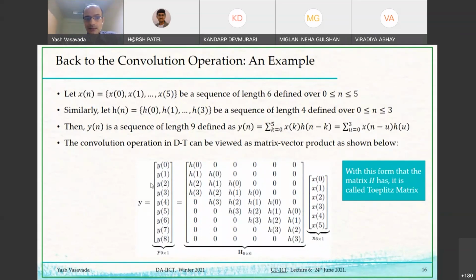And in this case, it becomes a matrix vector product. The vector is the vector of input samples, x of n, and the matrix has the impulse response.